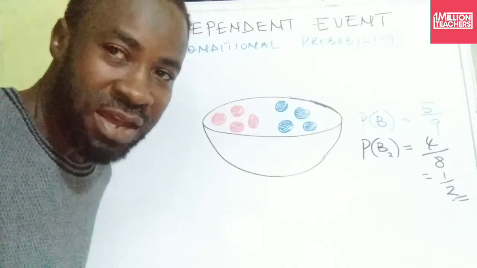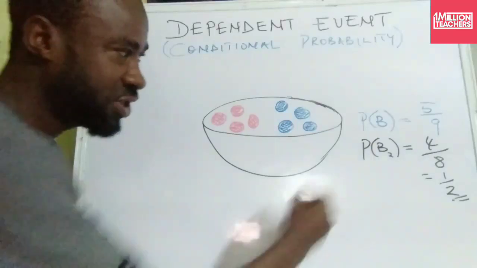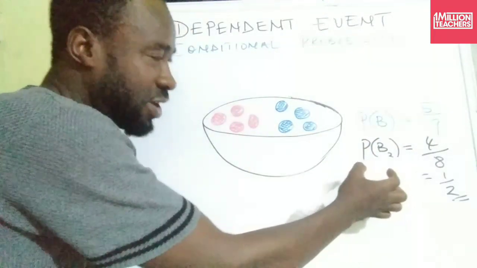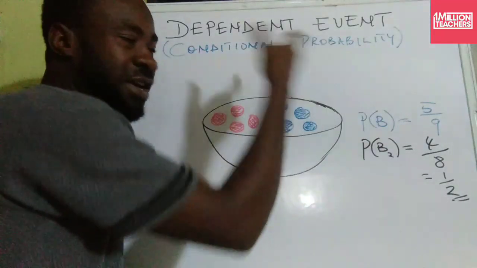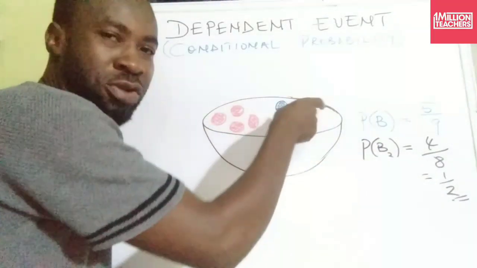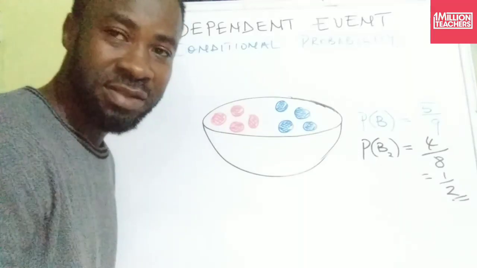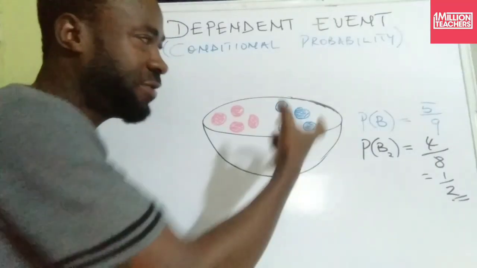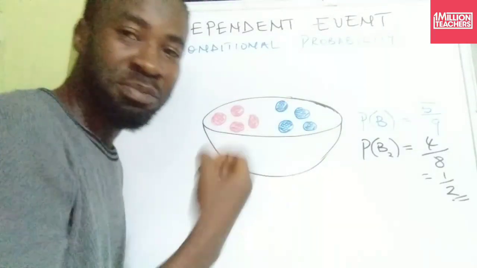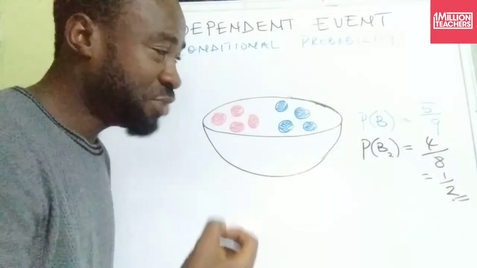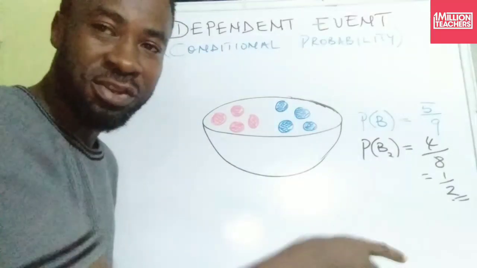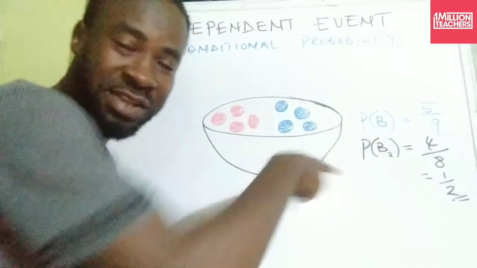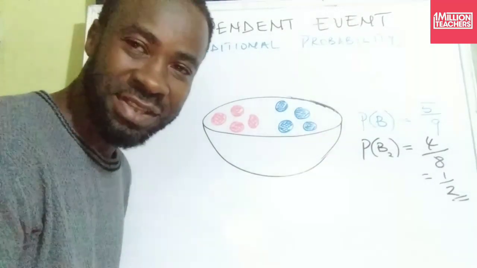Now, what can you observe? You observe that the probability of picking the second one is being affected by the outcome or the probability of the first one, because the first event, we did not replace it. So which means that the second event, the probability of the second event was dependent on the first event.